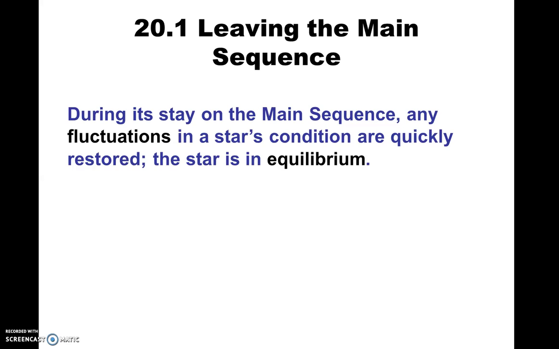Remember what equilibrium is. Once again, I know I'm repeating this, but for the star to be in equilibrium, the inward force of gravity, which is always there, keep that in mind, has to be matched, so it has to be equal to the outward pressure, which is thermal pressure, which is pushing back.